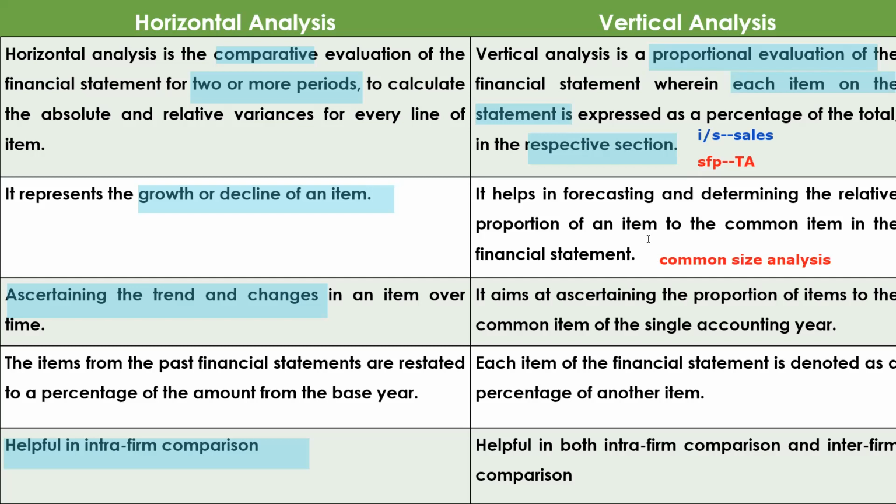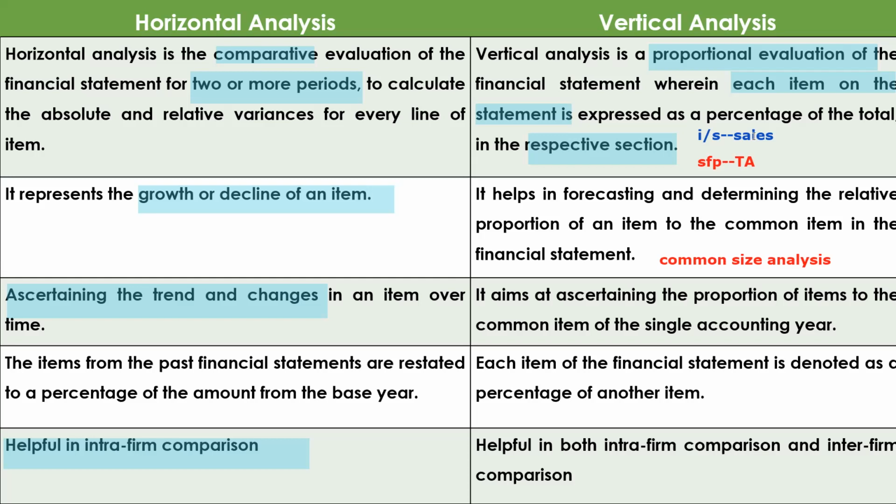So then this is aimed to identify the proportion of an item, right, in a single accounting period. And each item of the financial statement is denoted as a percentage of another item. Here, I have told you that in the income statement, we are going to take as a percentage of sales.